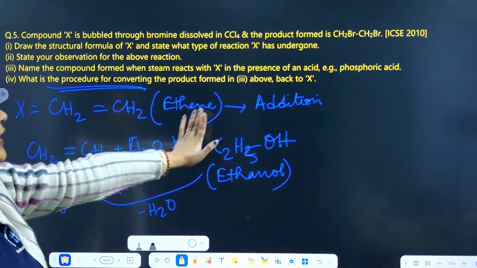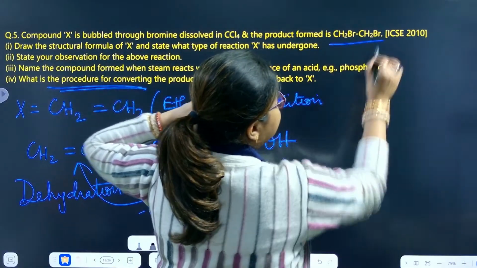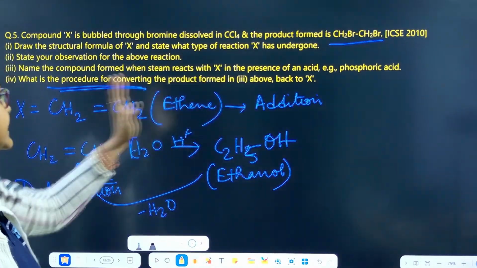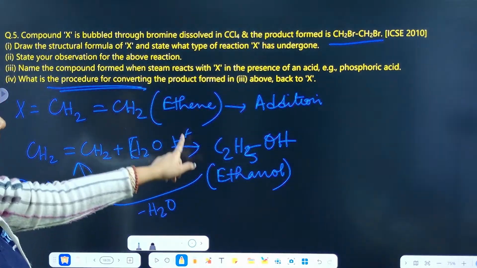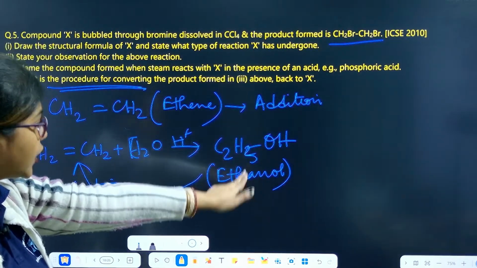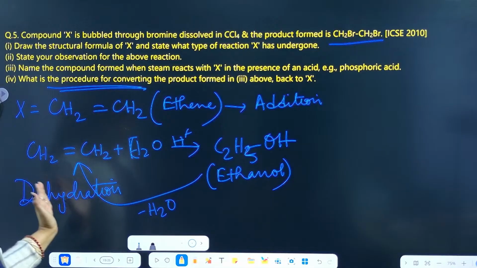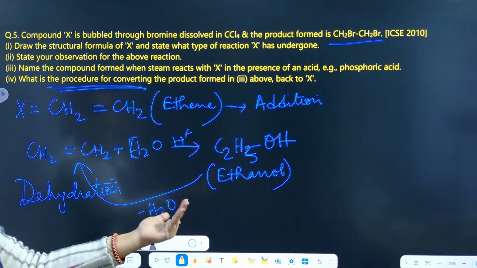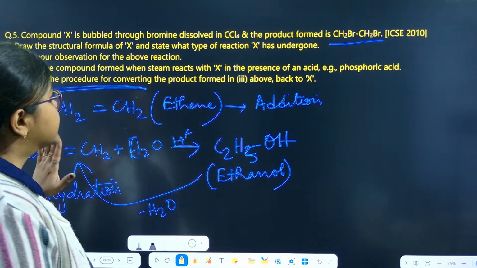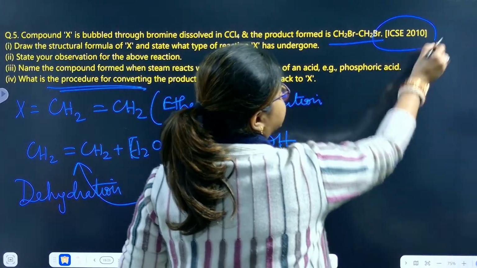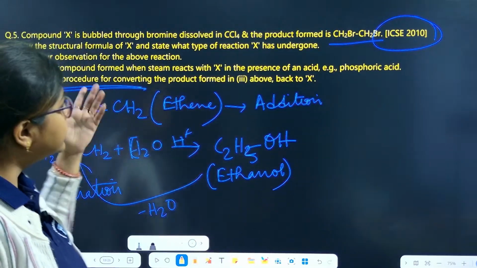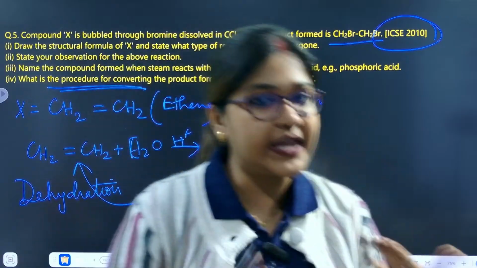It is undergoing addition type of reaction. When X is treated with steam in the presence of acid, I get alcohol, that is ethanol. Ethanol can be converted back to ethene by losing a molecule of water by the dehydration procedure. Okay, so this type of question has come in ICSE 2010 and these questions are very, very common.